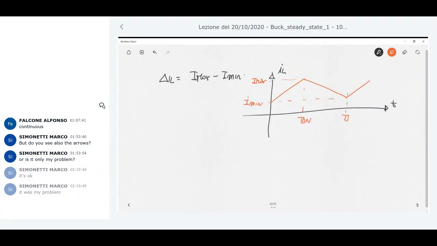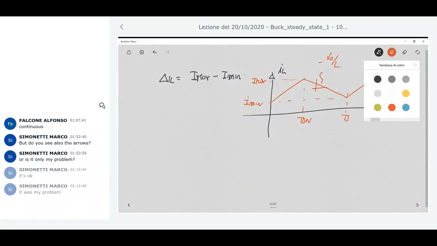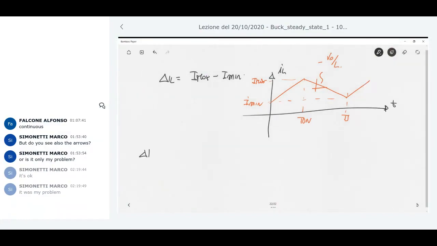Remember that I have this slope, which is negative V naught over L. So how can we derive this delta IL? I know the slope here, which is negative V naught over L, and this happens for the time interval called T off. So delta IL is V naught over L multiplied by T off.